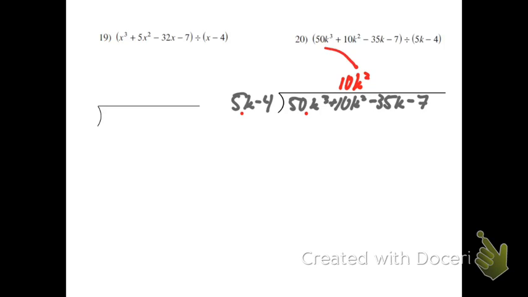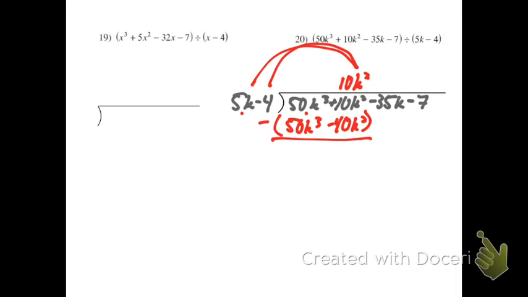Now, that's because 10k squared times 5k is going to be 50k to the third, which is what we want. Now, 10k squared times negative 4 is negative 40k squared. So we're going to subtract this now, and when we do that, we end up with a 0, and then 10k squared minus negative 40k squared, that's going to be 50k squared, because when you're subtracting a negative, you add. And then negative 35k right there.